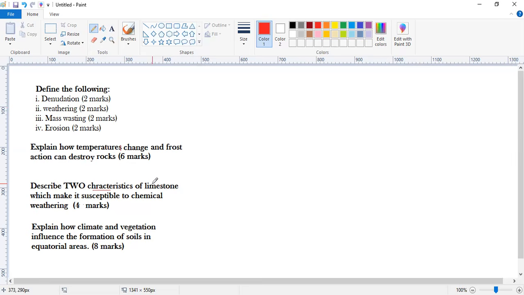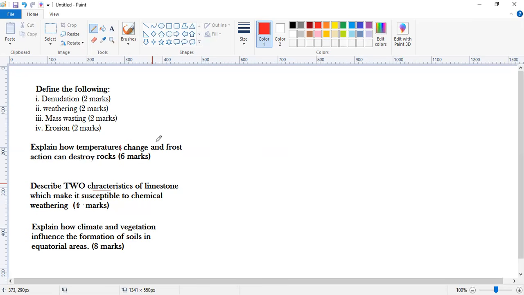And again, notice it's explanation, and therefore there is a need to give reasons, or to say why what you're talking about is happening. Notice we have 2 factors, climate and vegetation, and we're being given 8 marks. So it means that more than likely the examiners will give 4 marks for talking about climate and 4 marks for talking about vegetation.